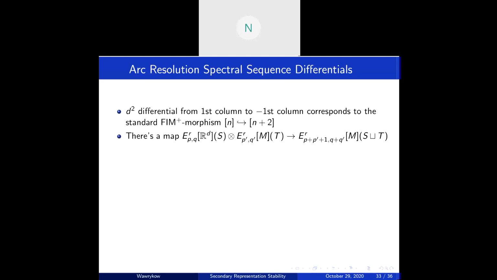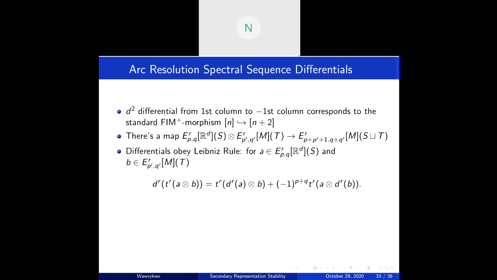What this is really doing is the same thing as we've been doing with the inclusion of points. It's not quite the exact same, but it's very similar to saying we're just going to look at some neighborhood, retract some neighborhood of some boundary, add a copy of R^d there, and the weird stuff that can happen there will happen there. But it turns out this behaves really nicely with the arc complex and the arc resolution spectral sequence.